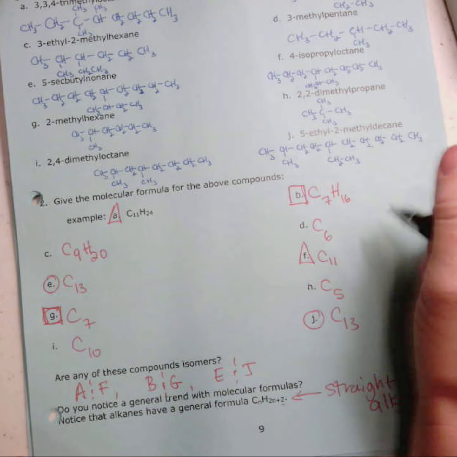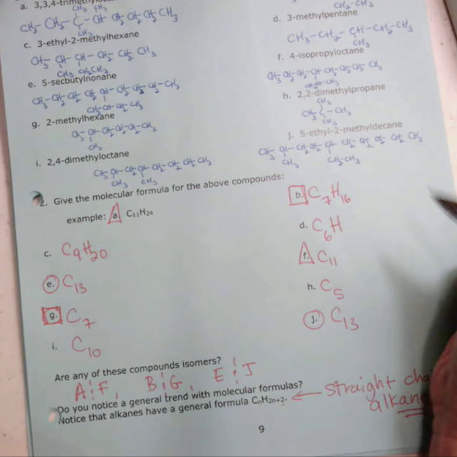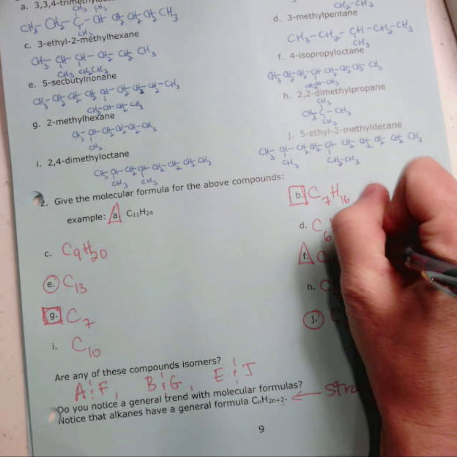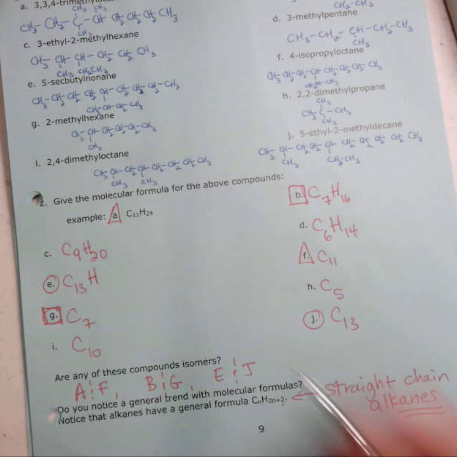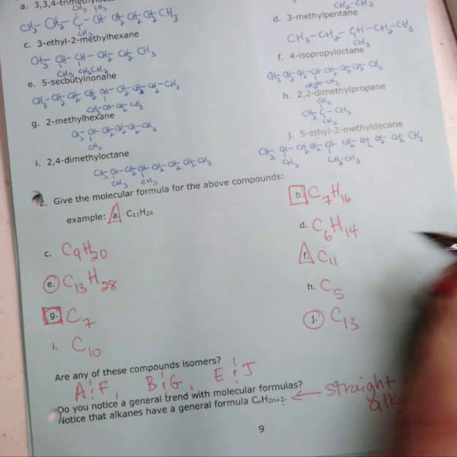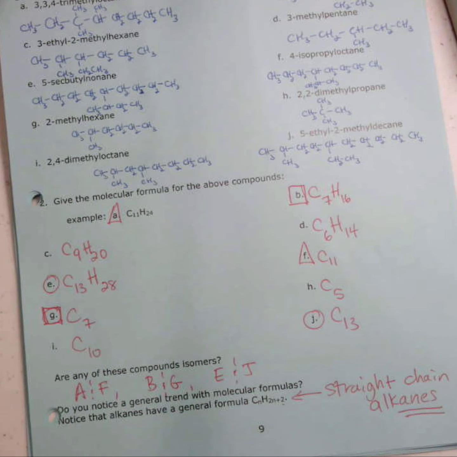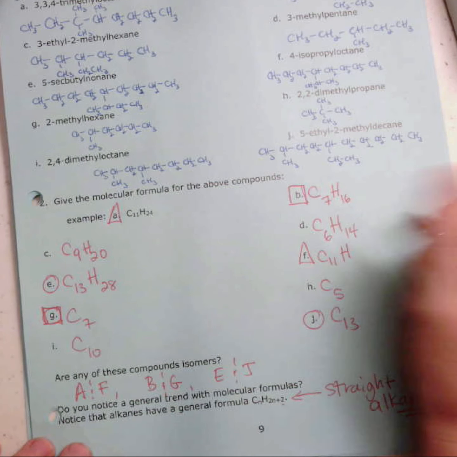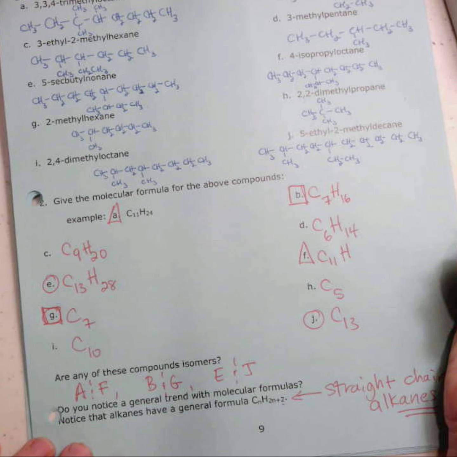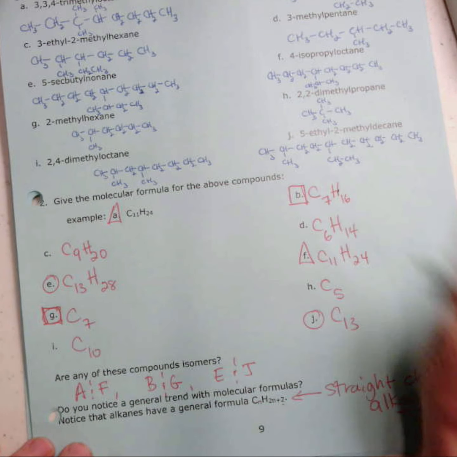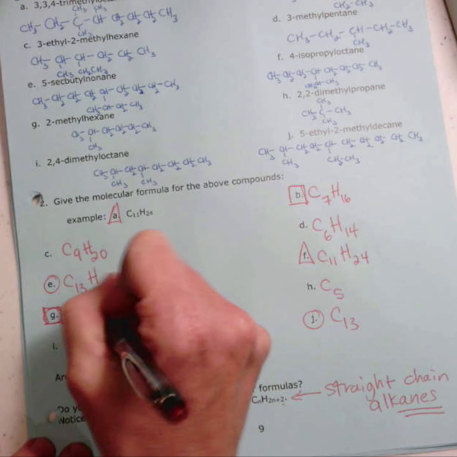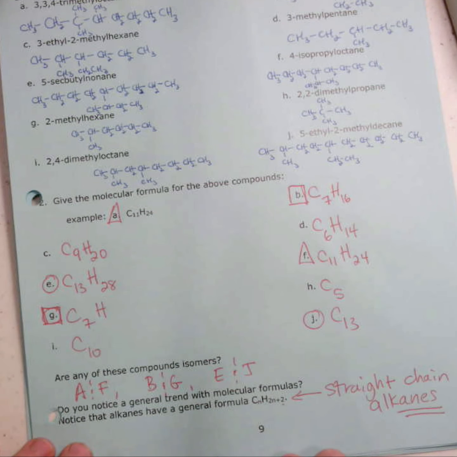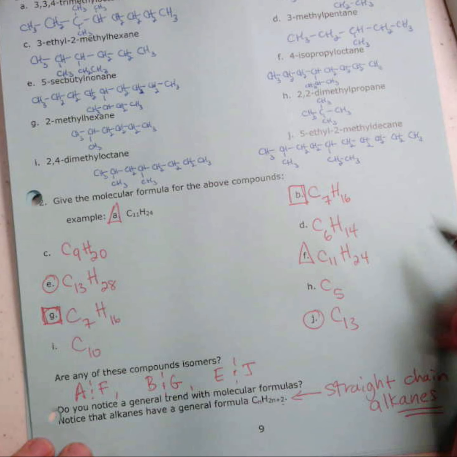So C6H, 2 times 6 would be 12, 14. C13, 2 times 13 would give you 26 plus 2, 28. So then you can go ahead and fill those out, and it's not that big of a deal. 2 times 11 is 22, plus 2 is 24, C7. 2 times 7 is 14 plus 2, H16, so that matches up.